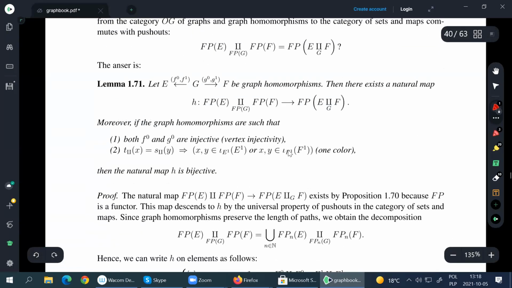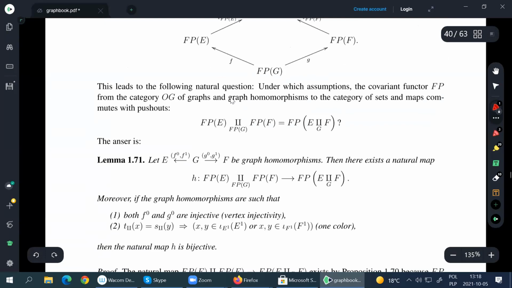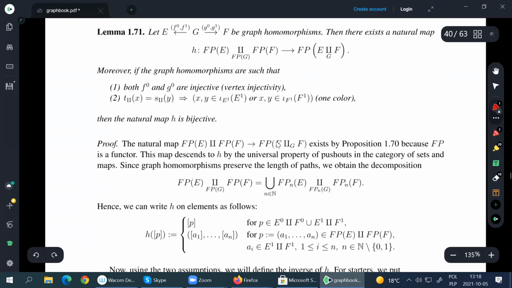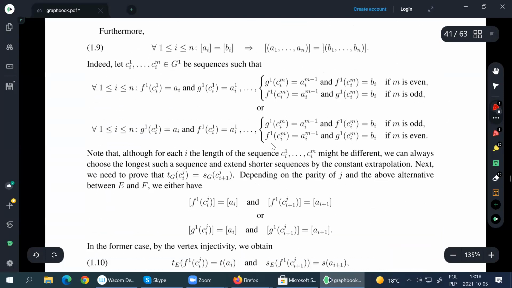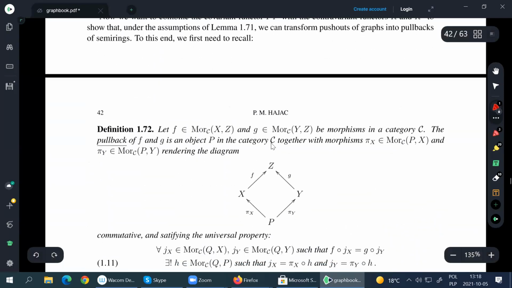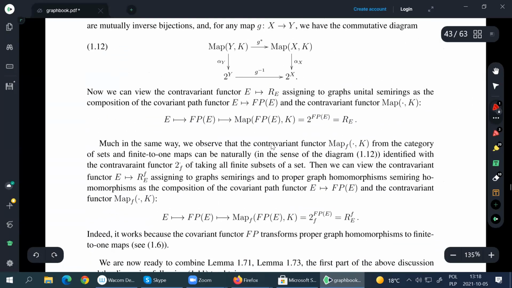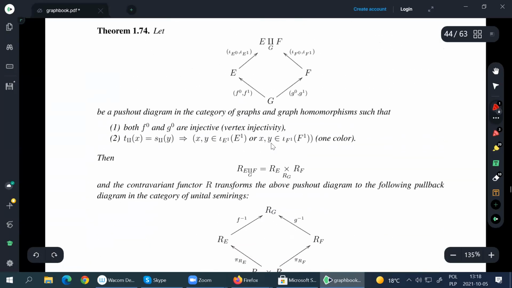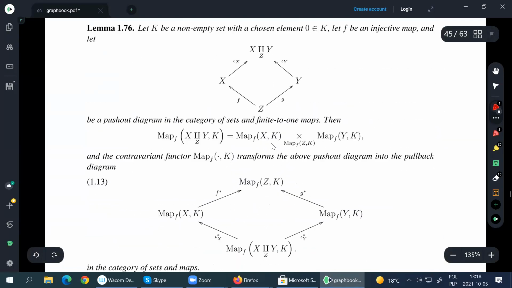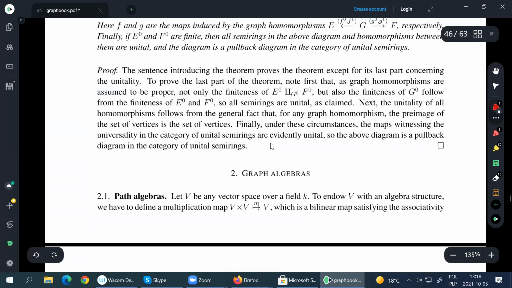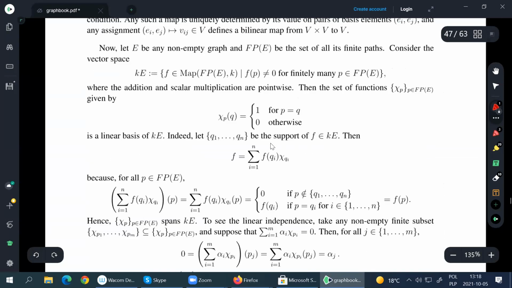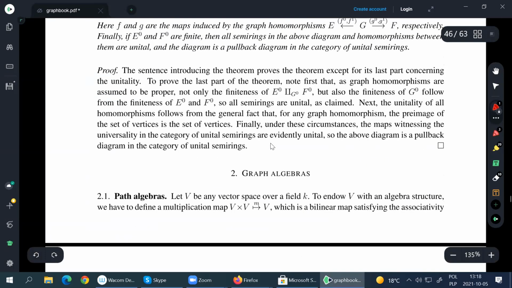So already here, proving that when we really get some push-out diagrams in the category of graphs, that's quite a subject in itself. And I think that a number of these results is new. Yes, graph path algebras, that's it.